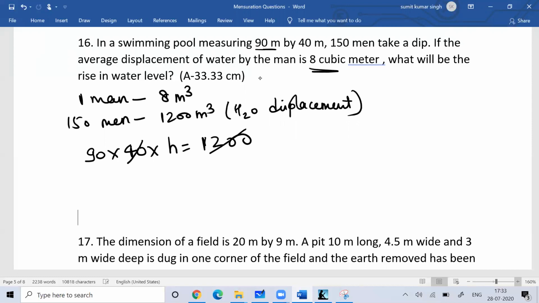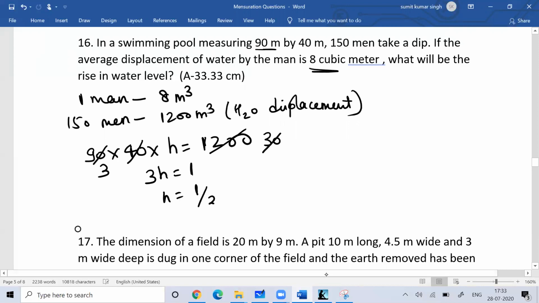This is 30 times and this is 3 times, so 3h equal to 1, so h is equal to 1 by 3 meter. If I want the answer in centimeter, I can write this as 100 by 3, because 1 meter is equal to 100 centimeters. So the height is 33.33 centimeter.